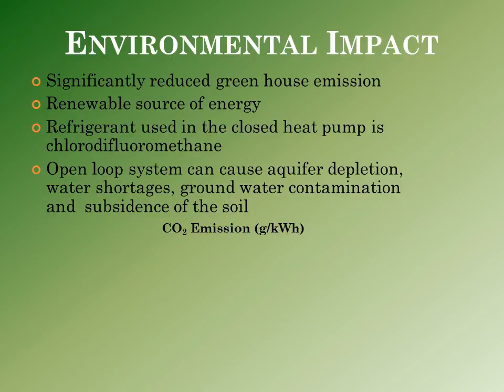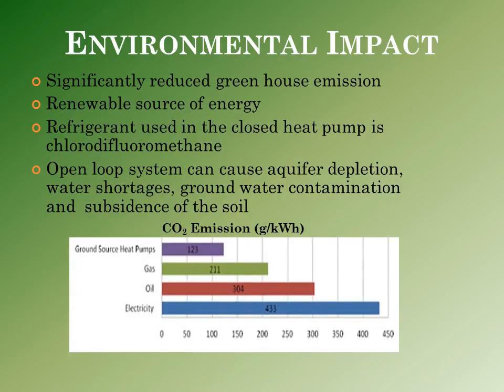The U.S. Environmental Protection Agency has actually called the geothermal heat pump the most energy efficient, environmentally friendly, and cost-effective space conditioning system available. From the graph, the geothermal heat pump has the lowest carbon dioxide emission out of all heating systems.